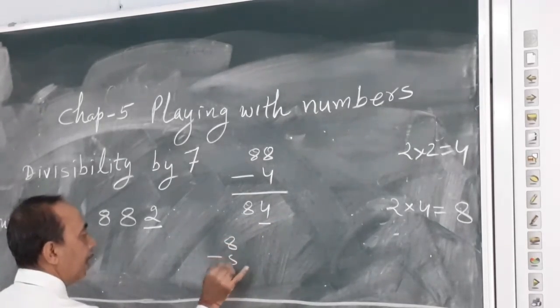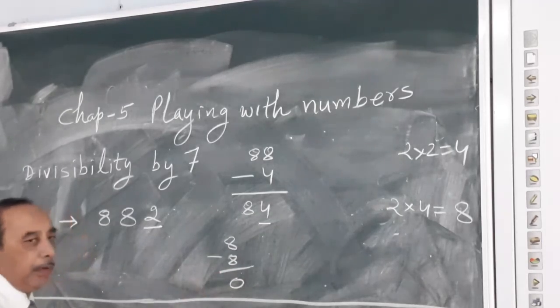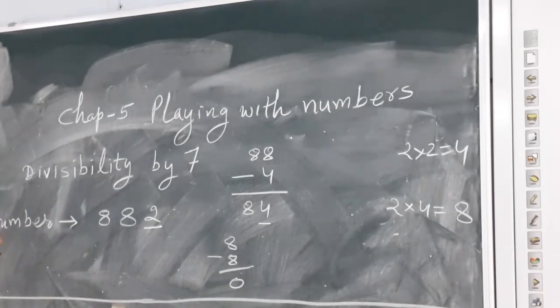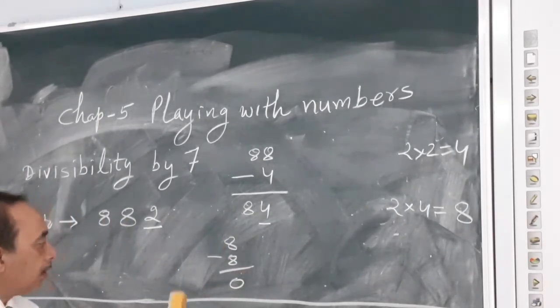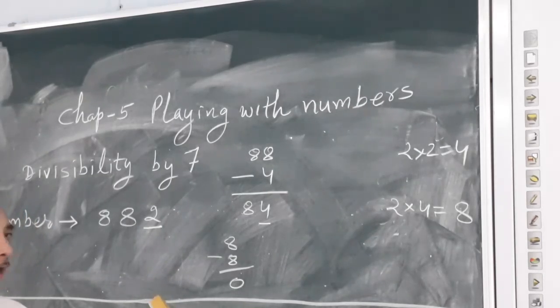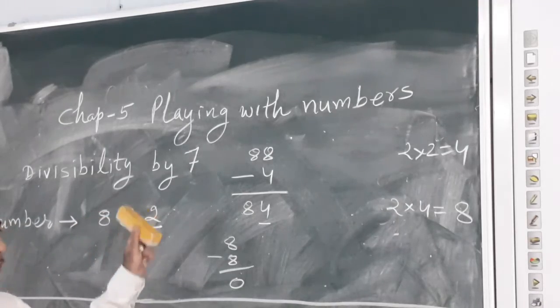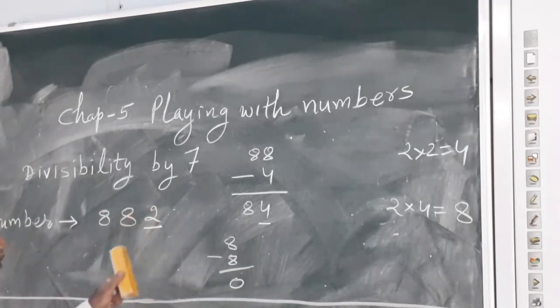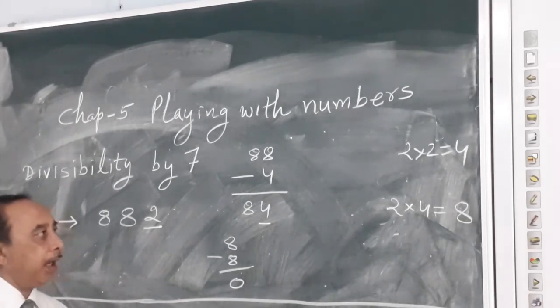So 8 minus 8, finally we have 0. If going through this process we ultimately arrive at 0, then it means the number is divisible by 7. Here 882 is divisible by 7 because at last we have arrived at 0.